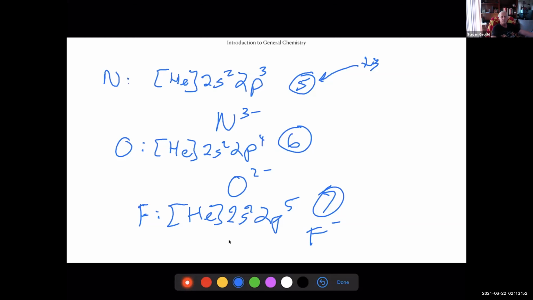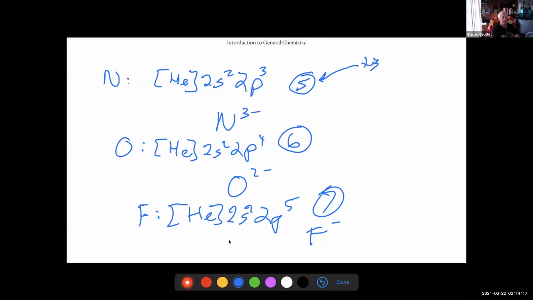So overall, looking at the periodic table, the first column going down is going to be +1. The second column going down is going to be +2. The ones in the middle are transitional. They can be different positive charges because their electrons share different levels. When we get to the 3A column, boron, that's going to be +3. Carbon is neutral.